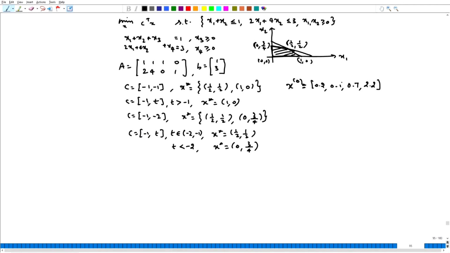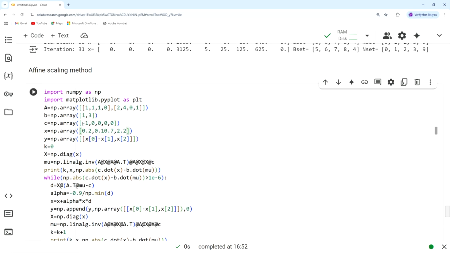For c, I will first write minus 1 and minus half, so the answer should be 1 comma 0. This is minus 1 and minus half, and the other two are anyway 0.